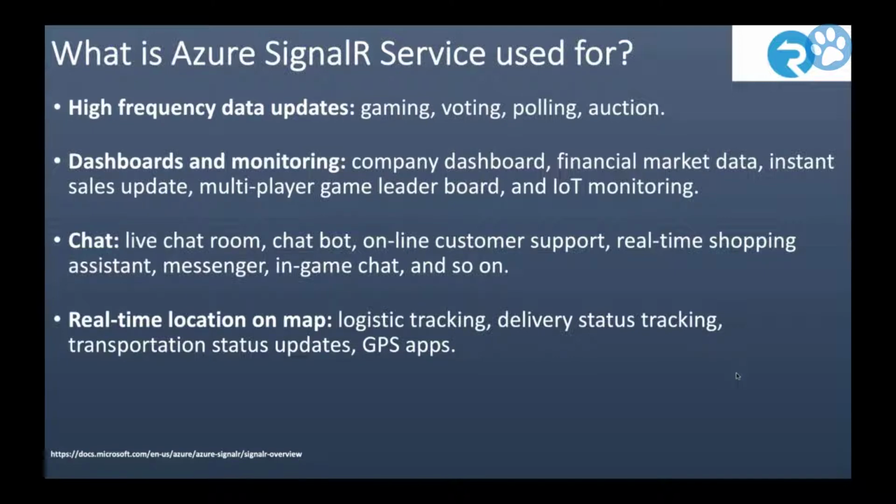There could be multiple users who are putting in orders, right? And then one or more suppliers should be immediately informed about that. Such high frequency data updates in a modern application are one of the biggest advantages that we are going to have.